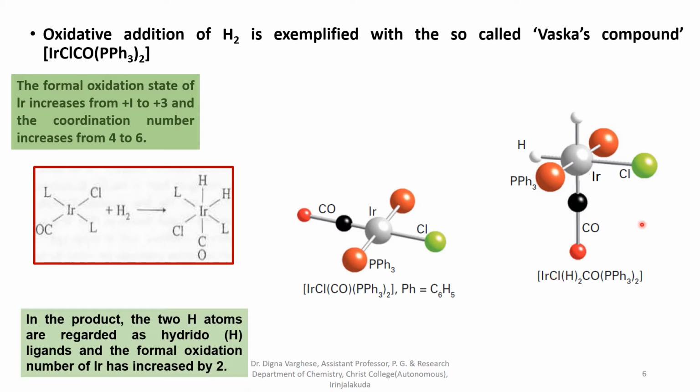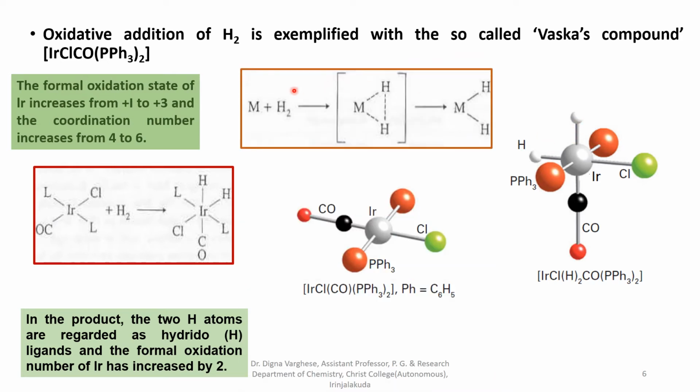In the product, the two hydrogen atoms are regarded as hydrido-hydrogen ligands with the metal, and the metal increases its oxidation number by 2 units, and the coordination number of the iridium metal in this compound is 6. So, this is an example of an oxidative addition reaction.